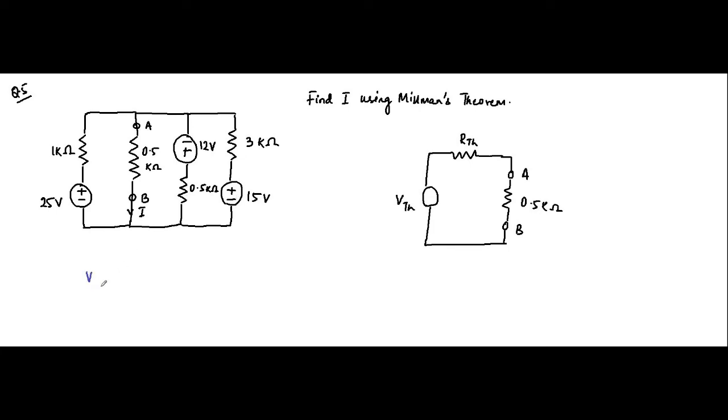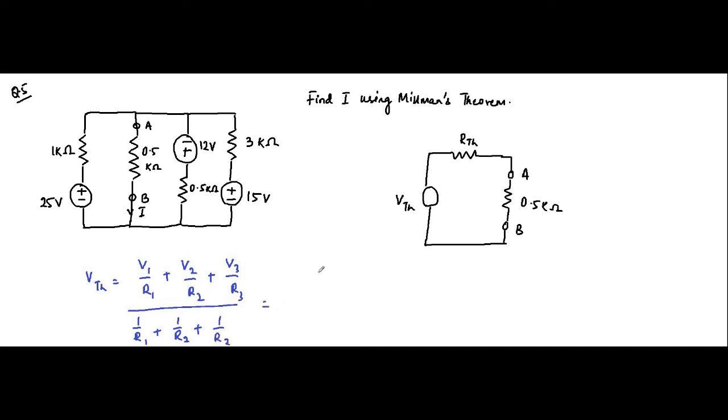So VTH will be the same formula: V1 by R1 plus V2 by R2 plus V3 by R3, divided by 1 by R1 plus 1 by R2 plus 1 by R3.